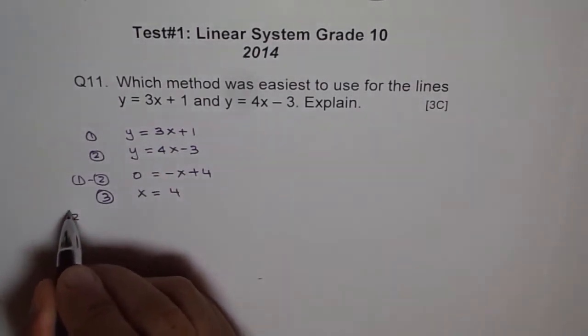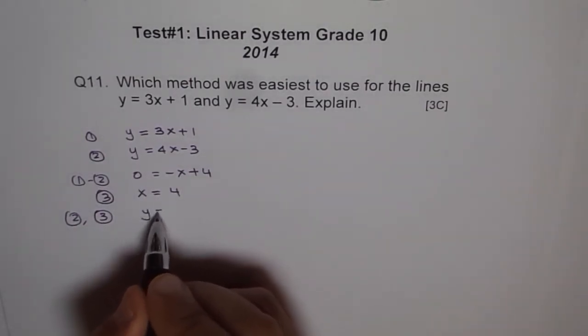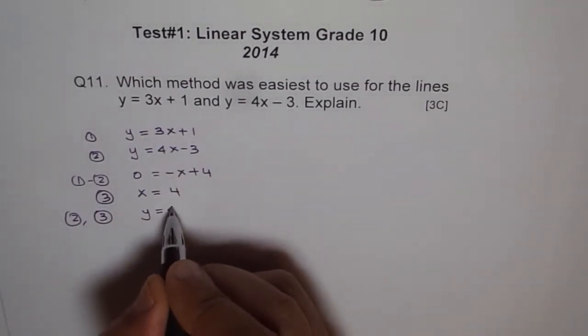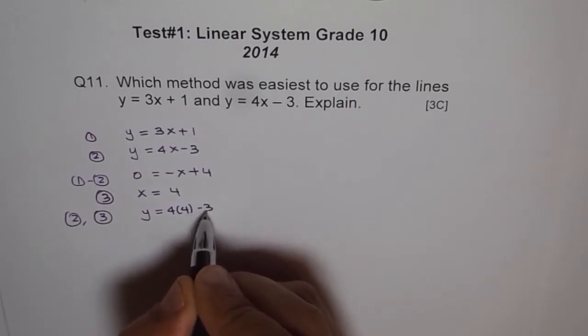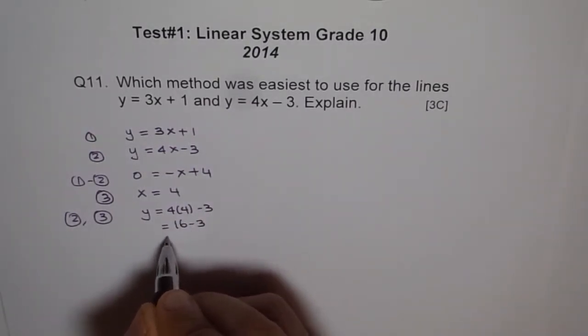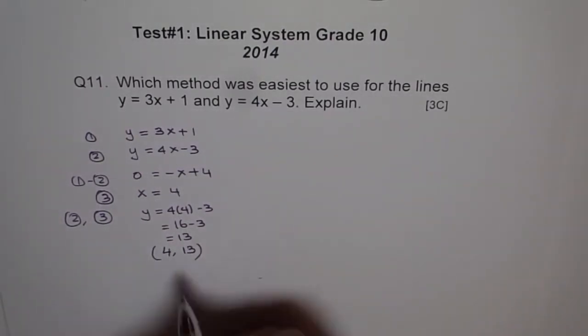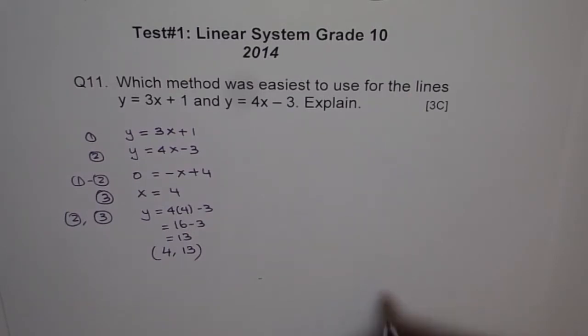So let's use equation 2 and 3. In that case, y equals 4 times 4 minus 3, which is 16 minus 3, or 13. So the solution is 4 comma 13.